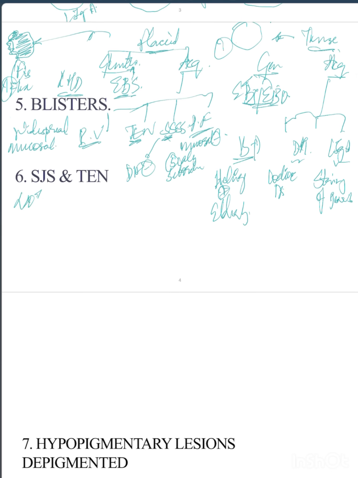Whenever there is less than 10% involvement, then it is SJS. Greater than 30% will be TEN. 10 to 30 will be our SJS-TEN overlap. So remember that TEN occurs mainly in elderly and it is spontaneous usually. SJS contains a viral prodrome, URI-like viral prodrome, and it presents mainly in children.